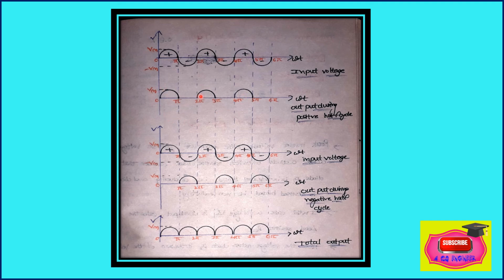When the input voltage is given again, the output during the negative half cycle also conducts. Hence, the output during the positive half cycle and the output during the negative half cycle, both outputs, can be combined.